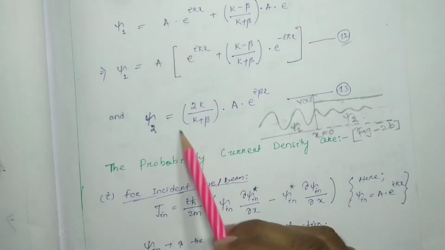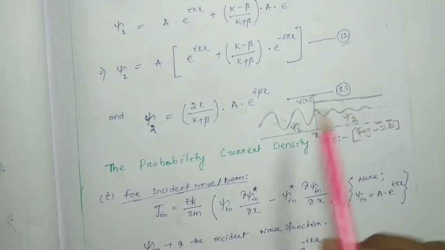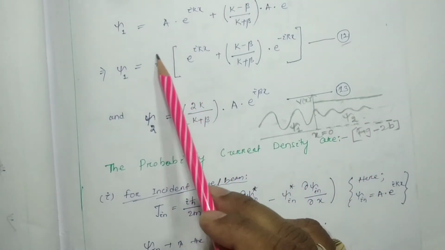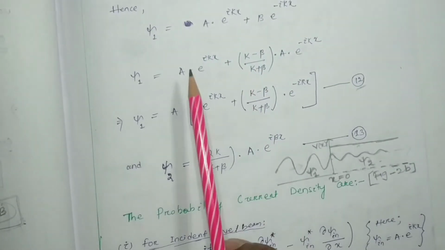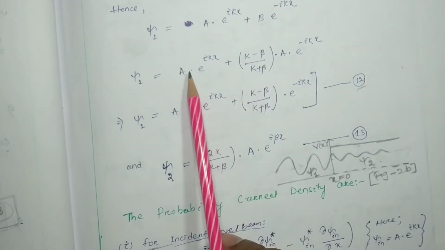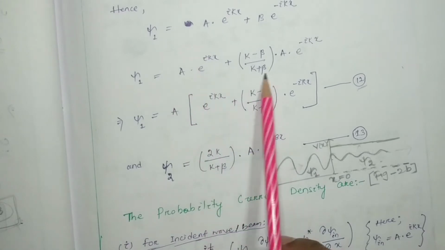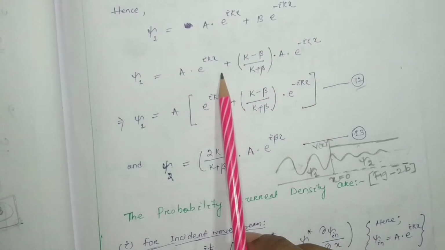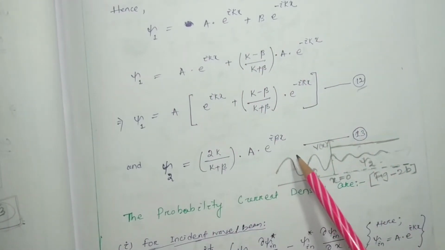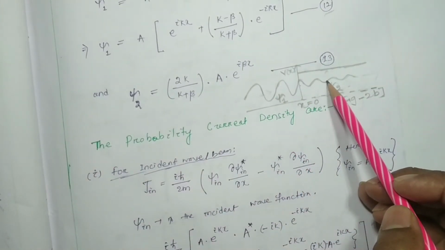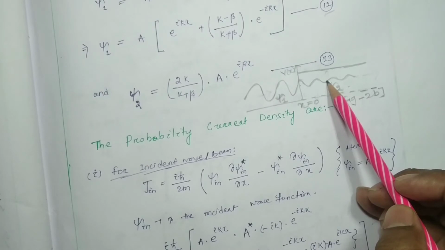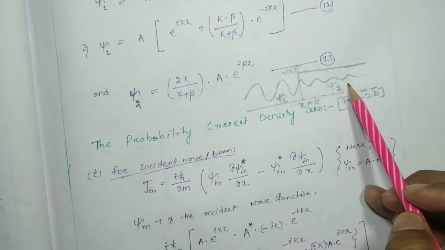That means, for the resultant amplitude, we have to consider both the incident and reflected waves and their corresponding amplitudes, which is comparatively larger than the transmitted wave function, or region 2 wave function.